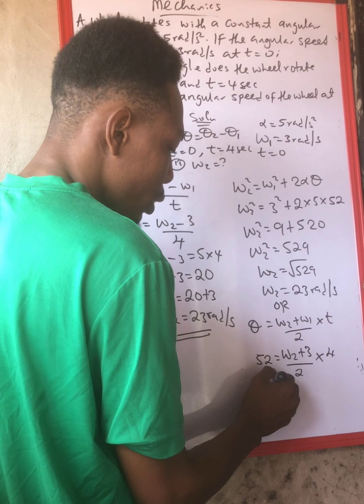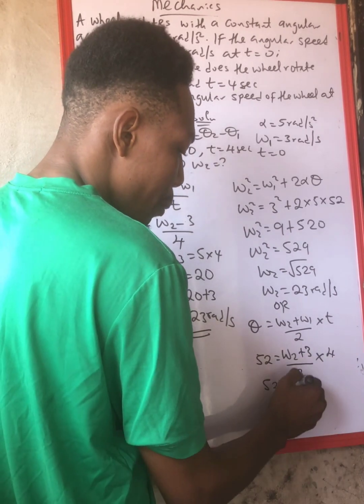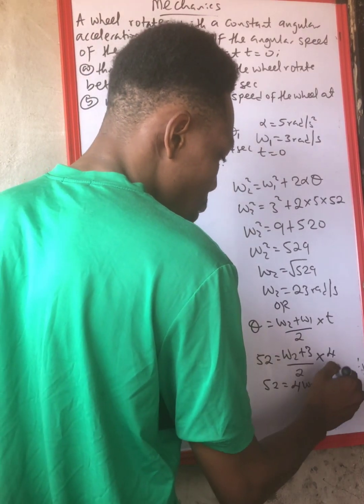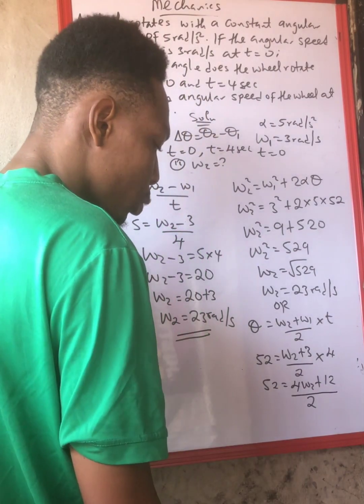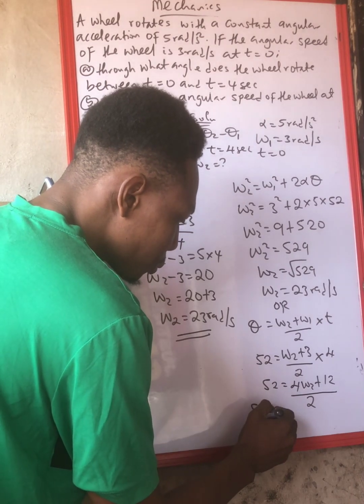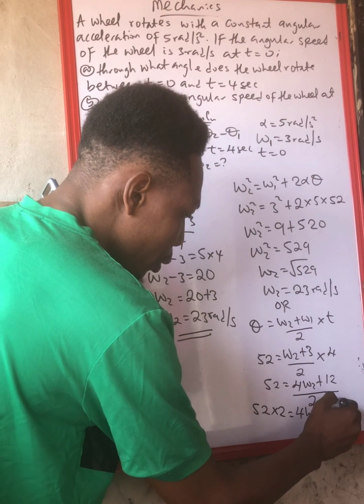So it becomes 52 equals, using 4 to open all this, 4W2 plus 4 times 3, which gives us 12, all over 2. What you have to do is cross multiply. By cross multiplication it becomes 52 times 2 equals 4W2 plus 12.